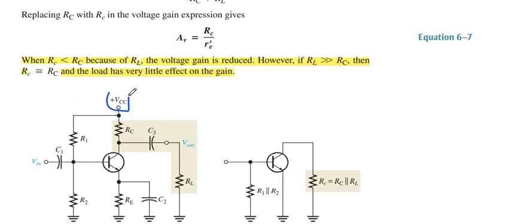At the AC signal, VCC acts as a ground, so RC is parallel to the RL.